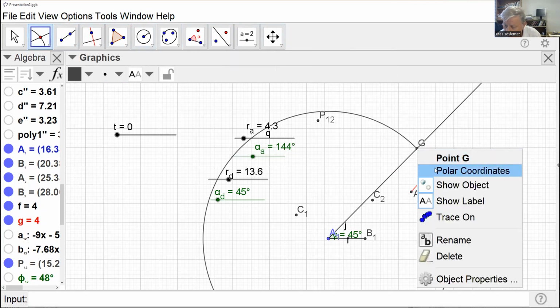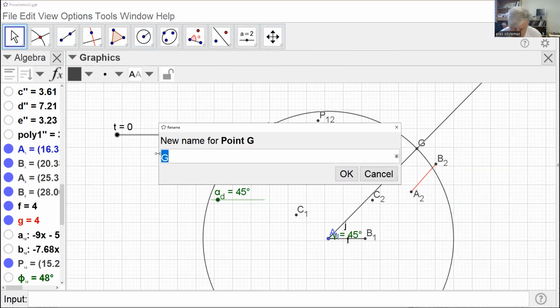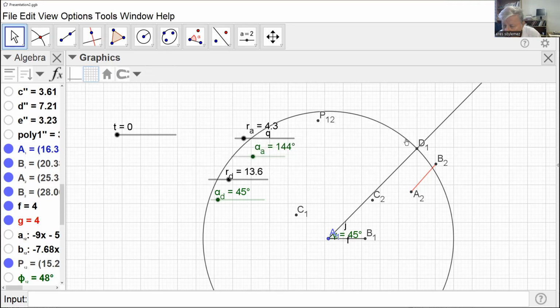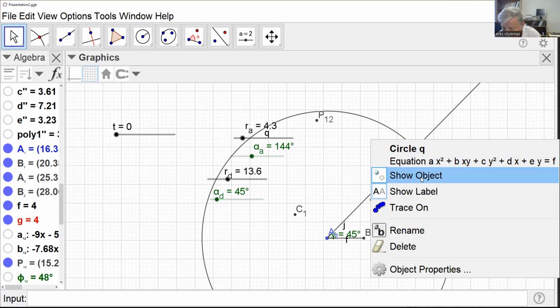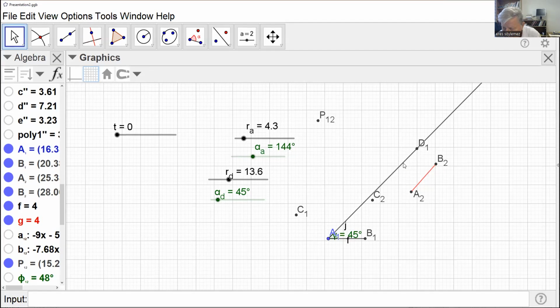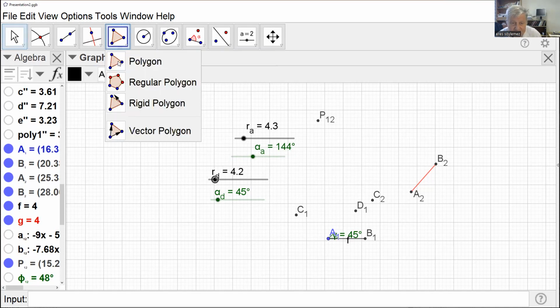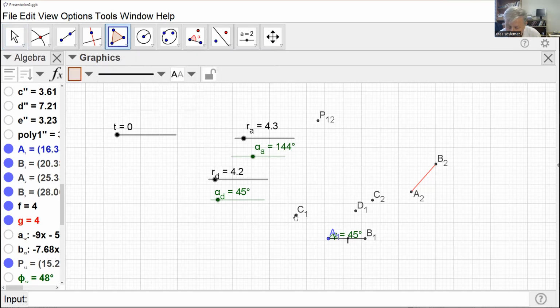Hold this point, D dash 1. Let me take it like this. Now I have the same rigid body like this.